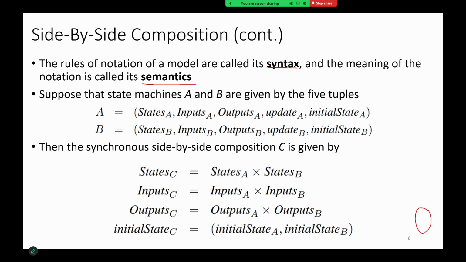And inside the state of C, what does X mean? Exactly, Cartesian product. You take a component from A with B, and you consider all the combinations in the new composition C. In the inputs and outputs also you consider all the combinations, and in the initial state you just combine them.